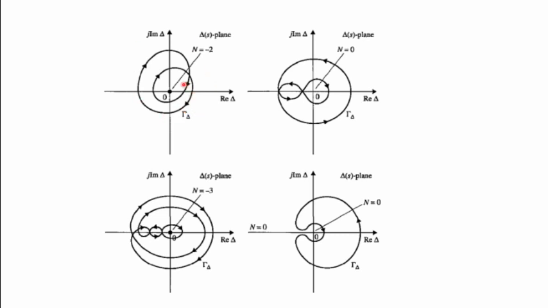Here in this case there is a clockwise encirclement, that is why n is equal to -2. Here one clockwise encirclement, one anti-clockwise encirclement, that is why n is equal to 0. Here n is equal to 3, and in this case n is equal to 0. Okay, so this is how we calculate the number of encirclements in the delta of S plane.